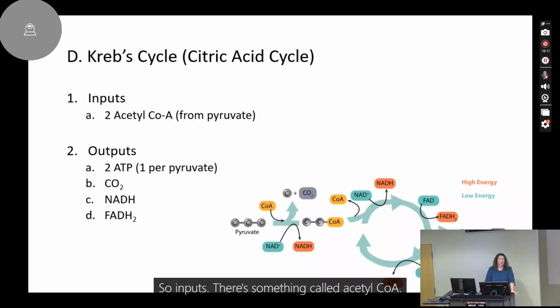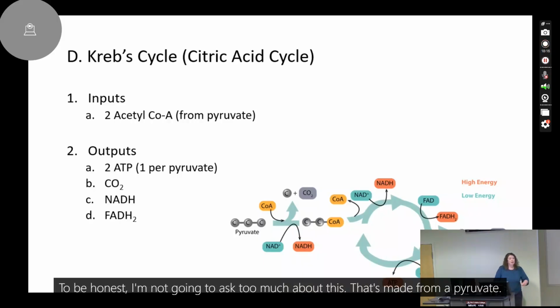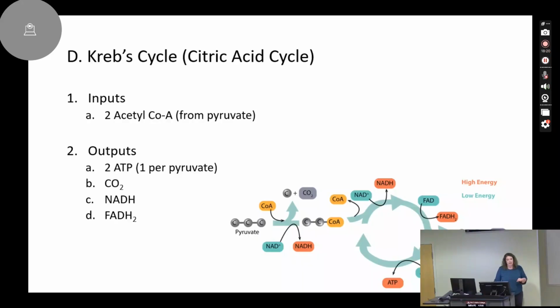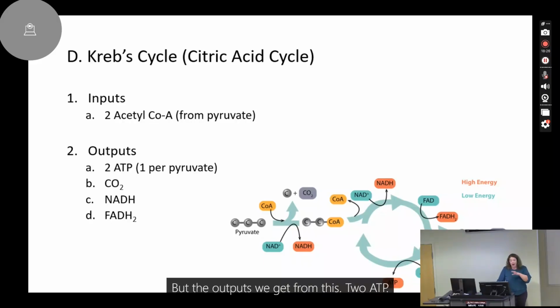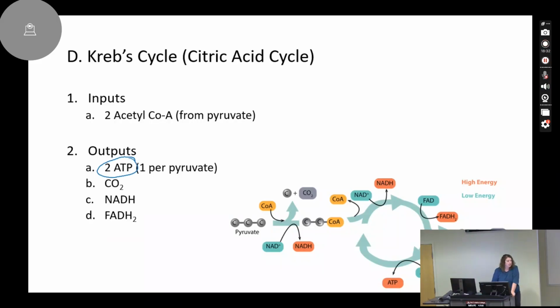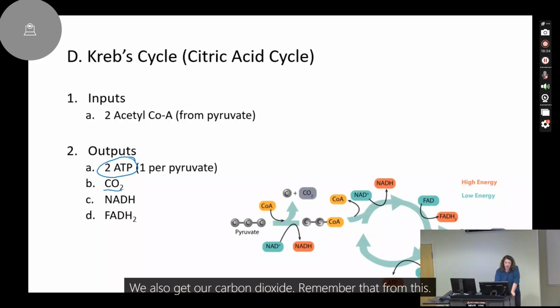So, inputs. There's something called acetyl-CoA. To be honest, I'm not going to ask too much about this. That's made from the pyruvates. There's a little side quest first before it goes on to this. But the outputs we get from this: 2 ATP. We also get our carbon dioxide.